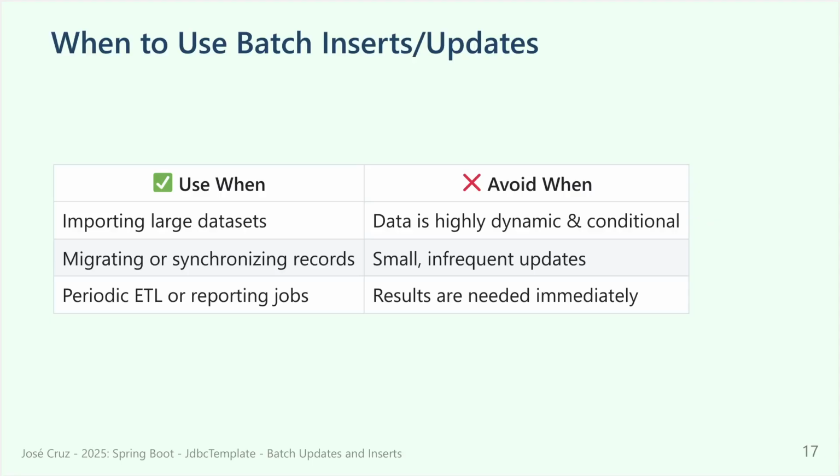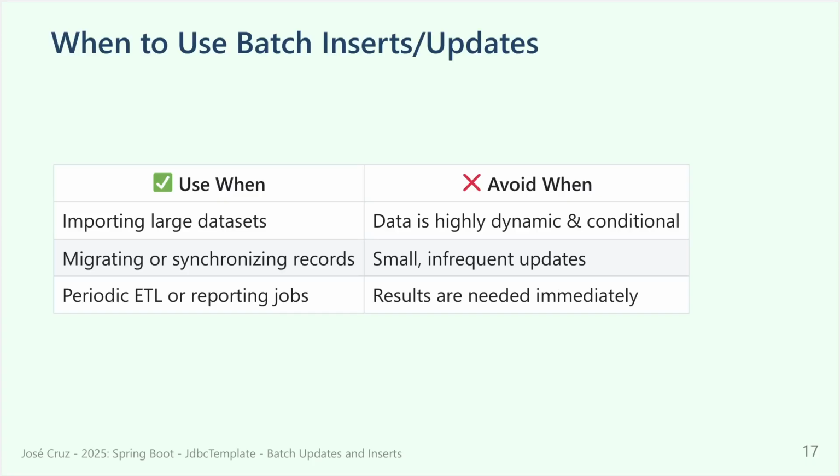Of course, what I'm providing here will fit maybe 80% of the times. But from my experience, I understand that sometimes things that we say are wrong in specific projects, in specific contexts, are right because it's the only way. I understand that. And of course, if results are needed immediately, batch is not a good idea.